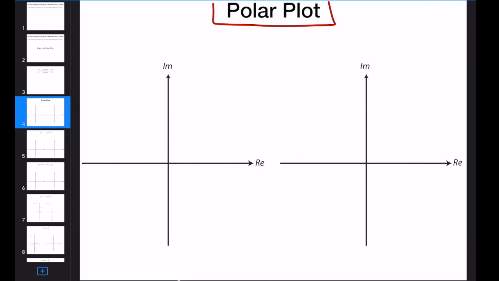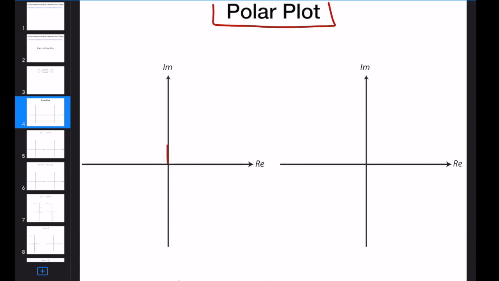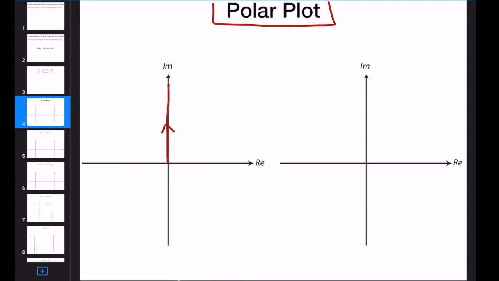So what is a polar plot? The basic idea is that we try to map the j omega axis. What is the j omega axis? It is simply j omega, where omega is an element of R plus, so we do it for positive real numbers, and we use G of j omega and plot it on a new complex plane.